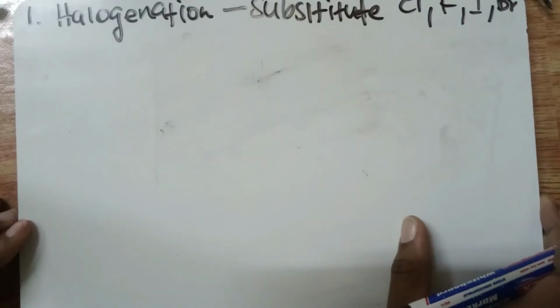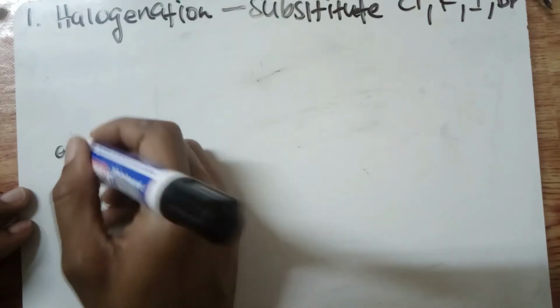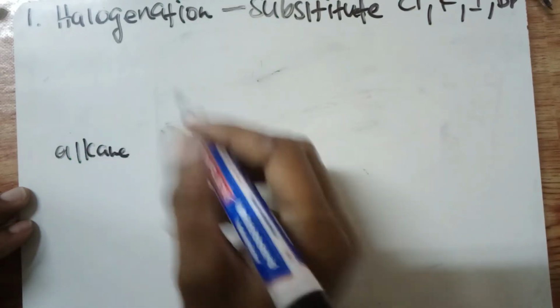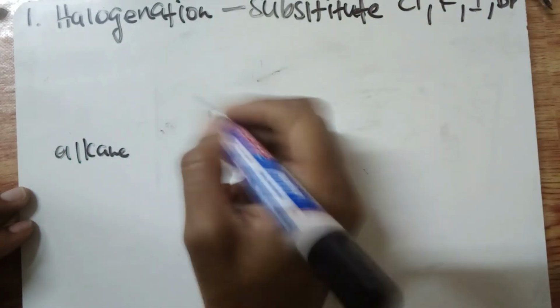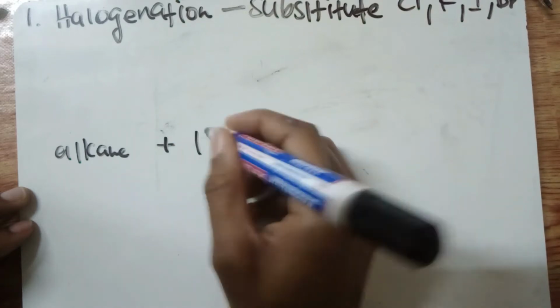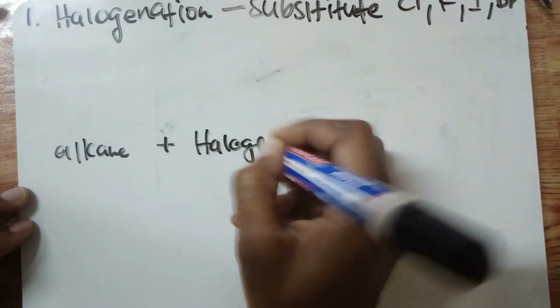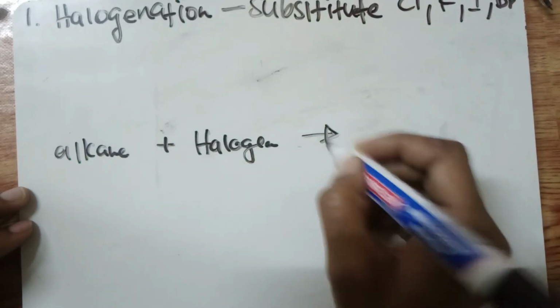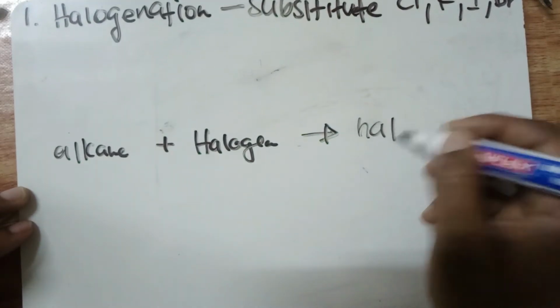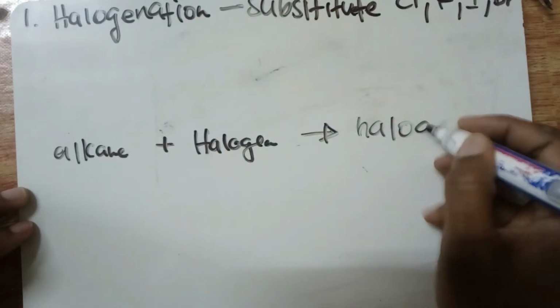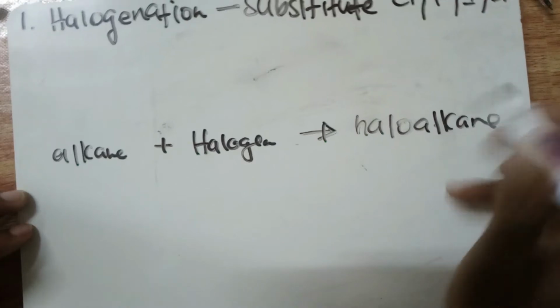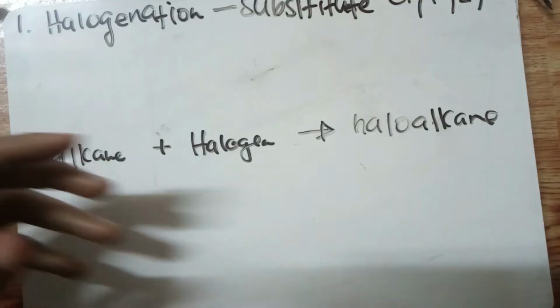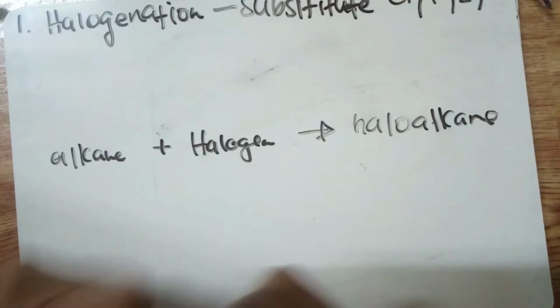So for example, we can start with an alkane and a halogen, and at the end we're going to get a haloalkane.